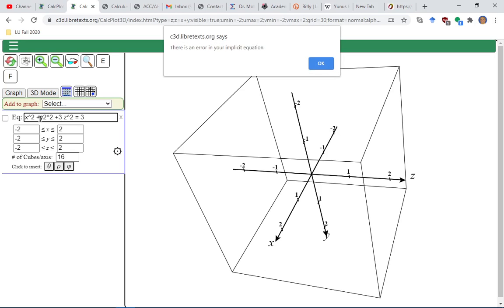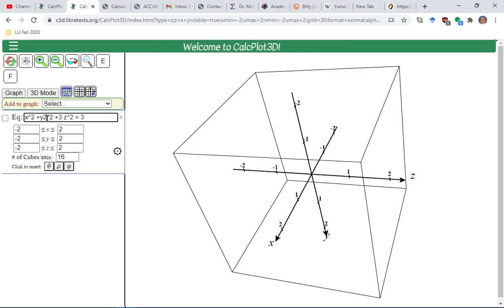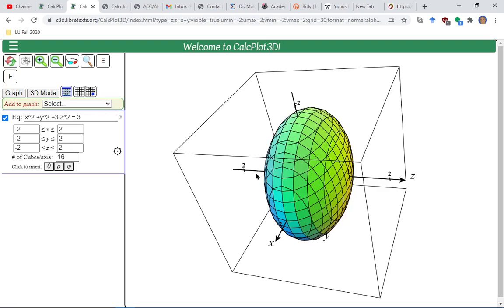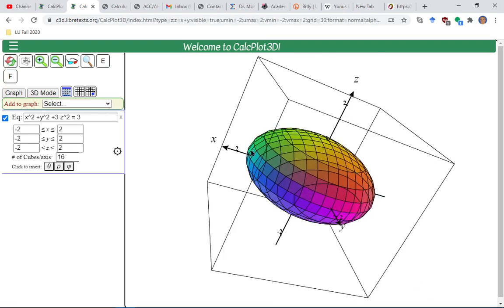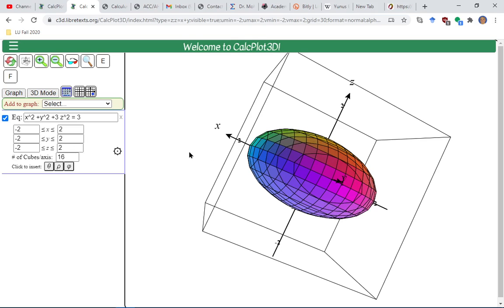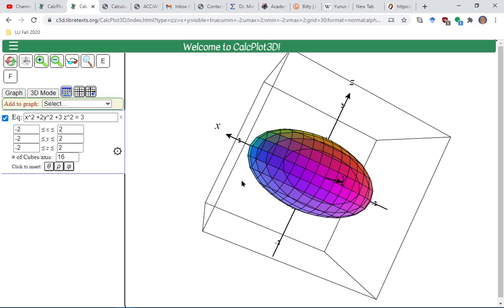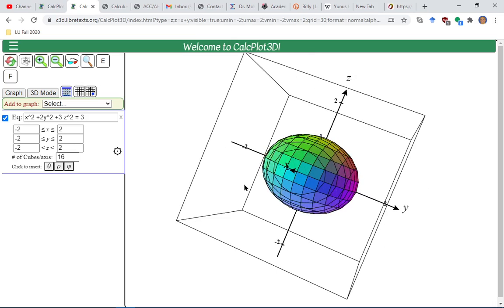Okay, it's warning about a typo. Let's correct that. Okay, so we have a surface here, x squared, oh, it was 2y squared. A bit different.